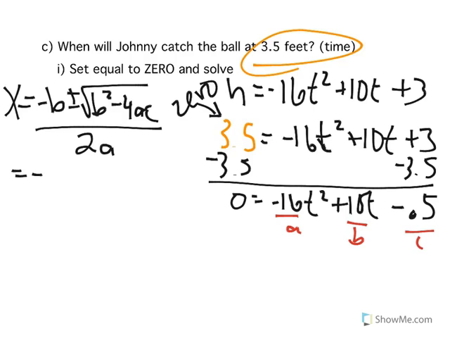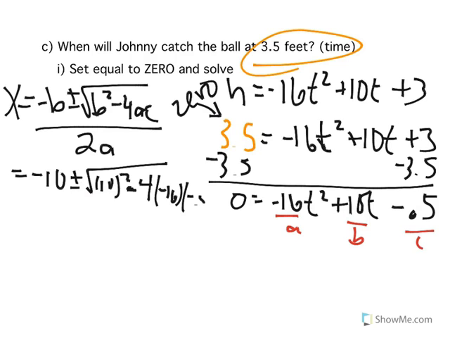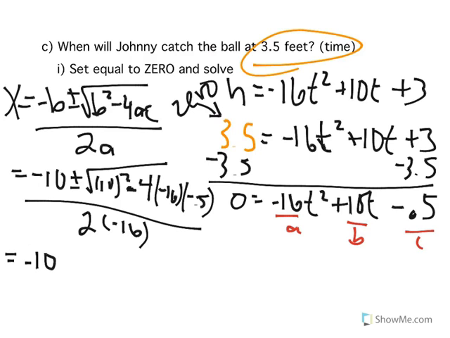So it's negative 10 plus or minus the square root of 10 squared minus 4 times negative 16 times negative 0.5. And then everything is divided by 2 times negative 16. So we're just going to put the inside of the square root into our calculator. The inside of the square root should give us 68. And 2 times negative 16 gives us negative 32.